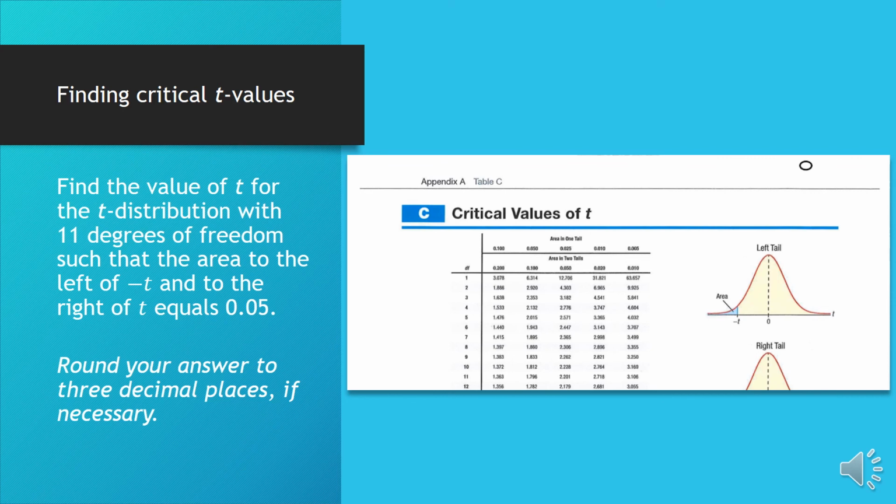So we're going to start here with area in two tails is 0.05, and we will scroll down our table to where we have the 11 degrees of freedom. So here you can see I'm indicating the column that I'm going to be using, 0.05, and then 11 degrees of freedom.